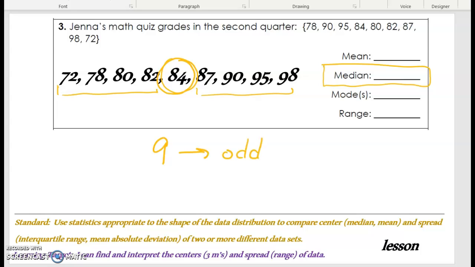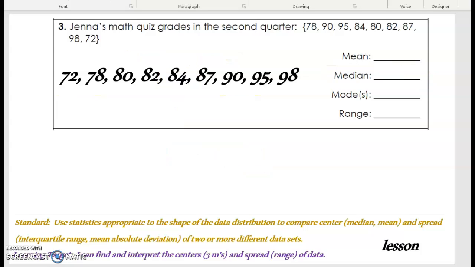There will be exactly 1 in the middle, and that 1 is an 84. Okay? So if there's an odd set of numbers, there's only 1 number in the middle. That's the median. Half the numbers are smaller, half the numbers are bigger. Okay? Pretty easy. All right, that takes us to the mode, right?